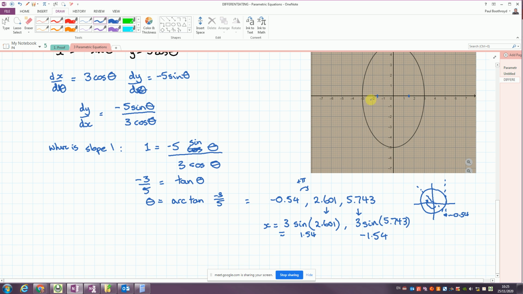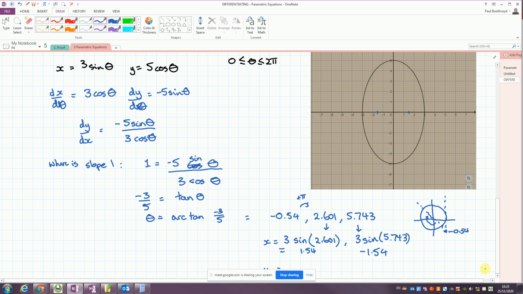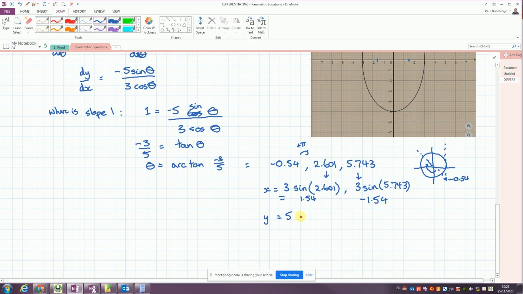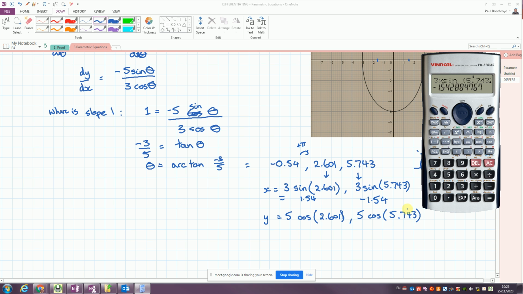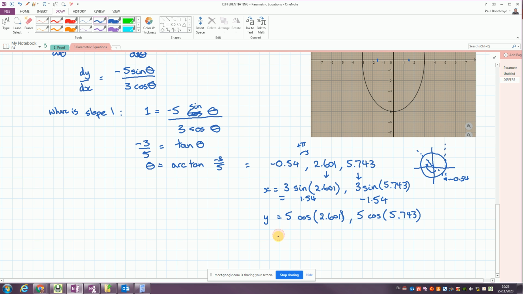And then to choose which value it is, we need to do the y, whether it's the top or the bottom. So y equals 5 cos of the angle, of 2.601 and 5 cos 5.743. 5 times cos 2.601 is minus 4.287.